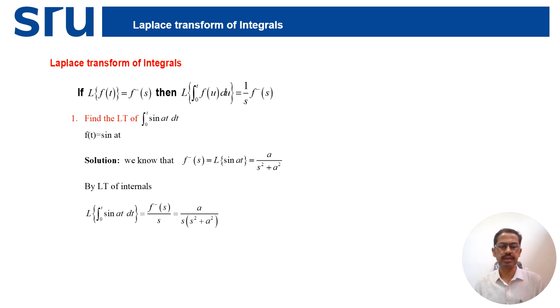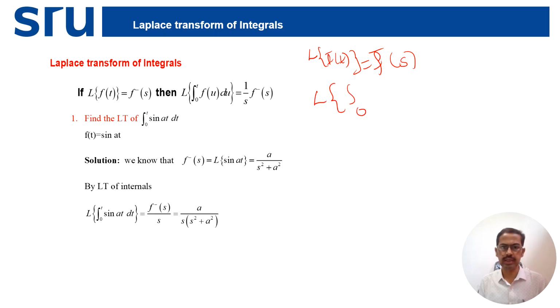What is the formula for the Laplace transform of integrals? If the Laplace transform of f of t is f bar of s, which everybody knows, then the Laplace transform of the integral from 0 to t of f of u du is equal to 1 by s into f bar of s.